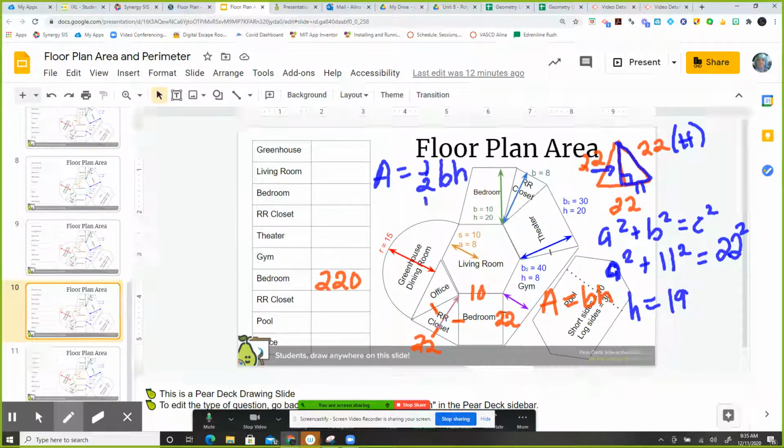So I got 1/2. My base was 22 in my original triangle. And then my height, we found with the Pythagorean theorem, is 19. So what's 1/2 of 22 times 19? $209.